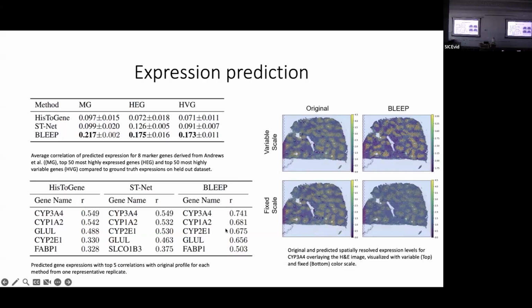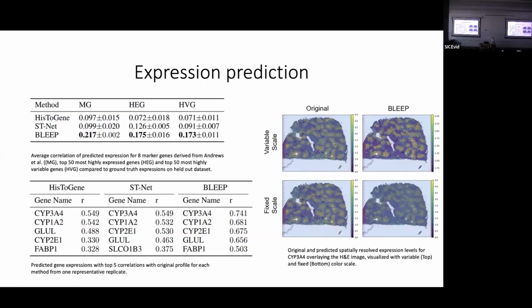There are other genes that have high correlation, but on average, the correlation is only around 20%. That beat out other methods that existed at the time, but there's still a lot of room for improvement. This is now a bit of a hot field. There are a lot of papers coming out, and they're driving the prediction performance up.